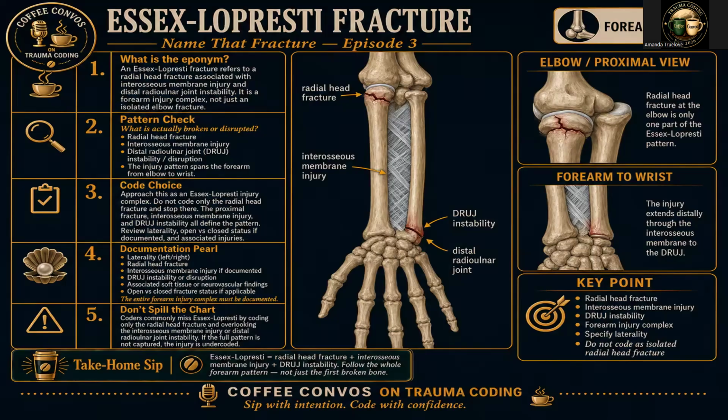All right, moving into our next fracture eponym, which is Essex-Lopresti. This injury is classically a radial head fracture with interosseous membrane injury and distal radioulnar joint instability. Boy, this is one of the best examples of a named injury that extends beyond one bone and one joint.